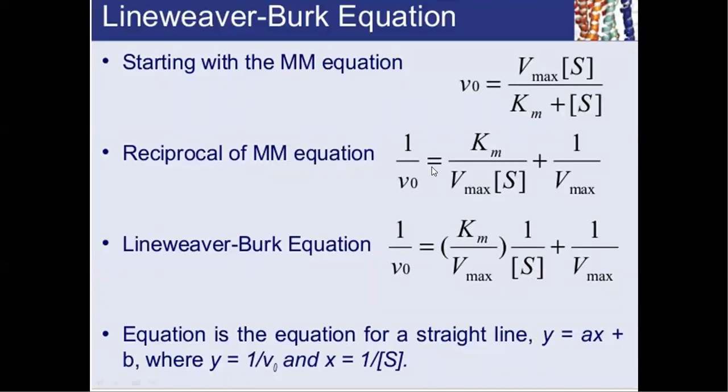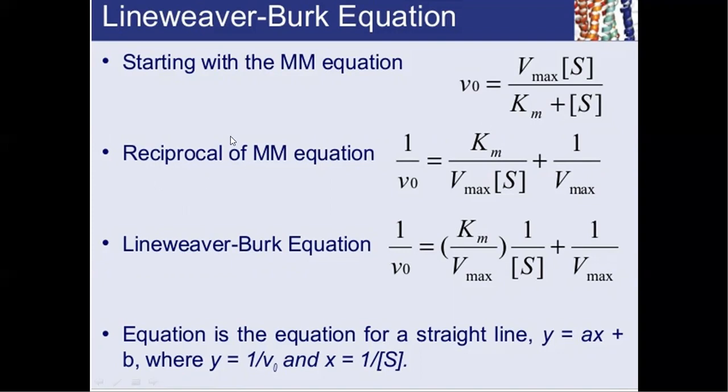And the next important equation here is the Lineweaver-Burk plot, which is the reciprocal of the Michaelis-Menten equation. This is the Michaelis-Menten equation: V naught equals Vmax times S upon Km, the Michaelis-Menten constant, plus S, the substrate.